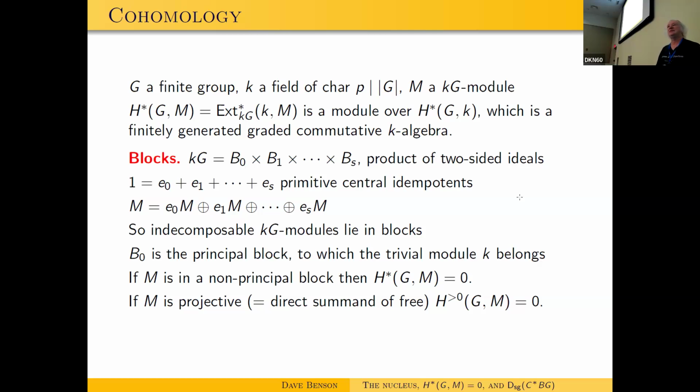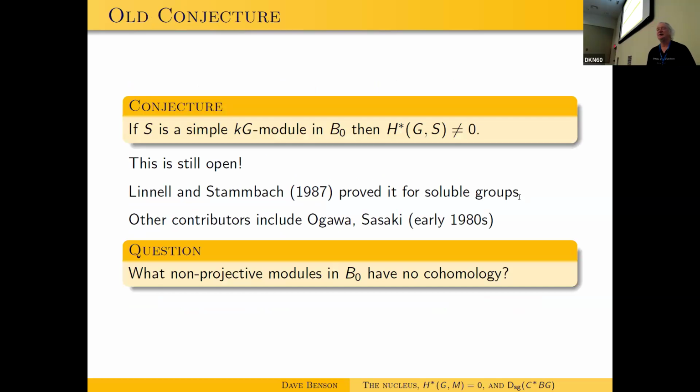So you might wonder whether there are other modules in the principal block with no positive degree cohomology. There's a very old conjecture, and I think it's due to Gaschütz, but I'm not really sure. If someone in the audience knows, then maybe they can tell me.